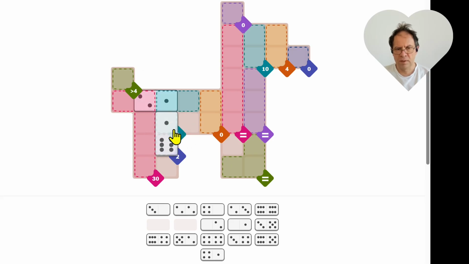So that also means, well, it doesn't really mean anything, unfortunately. Just keep that in the back of your head somewhere.